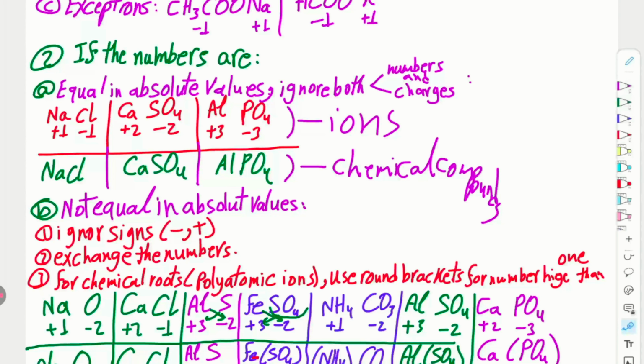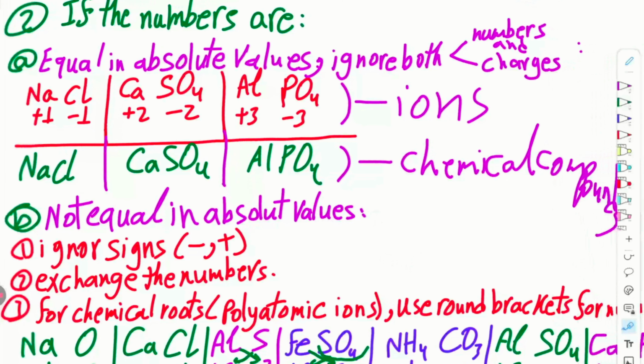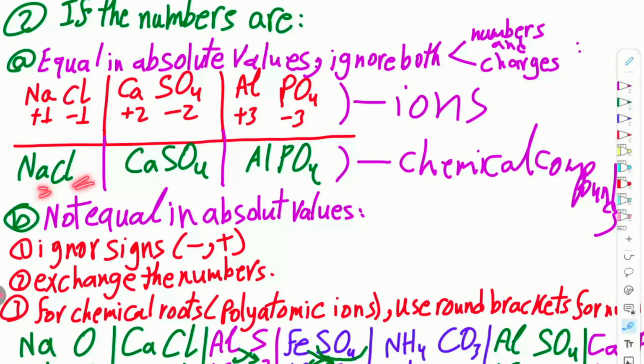For example, here NaCl, we have one. First thing, we ignore the signs, and the numbers are equal, so I combine them together with no numbers. I don't need any numbers. So here, ignore both numbers and charges and combine the compounds. Here we have +2 and -2.